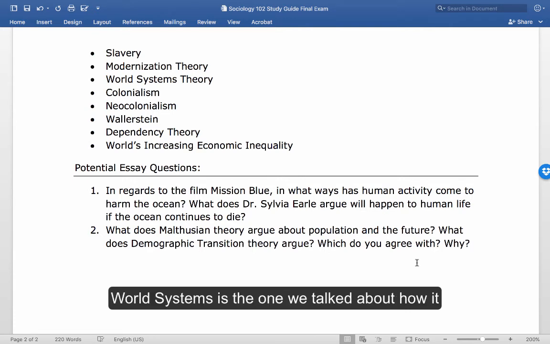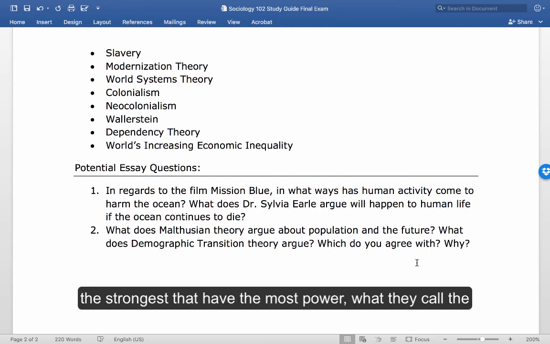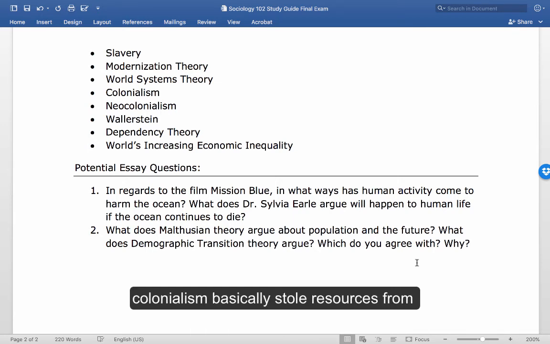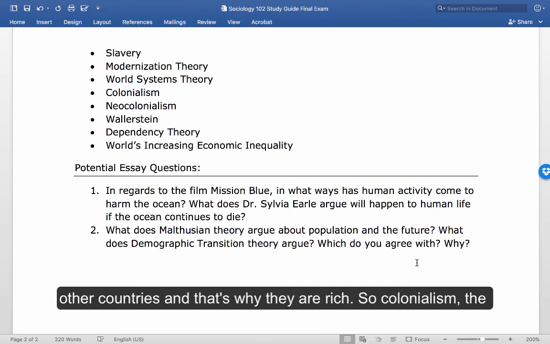World systems is the one we talked about, how it looks at the global inequality in terms of historical colonial relationships, meaning that world systems says there are the countries that are the strongest, that have the most power, what they call the core countries, are ones that through the process of colonialism basically stole resources from other countries, and that's why they're rich.